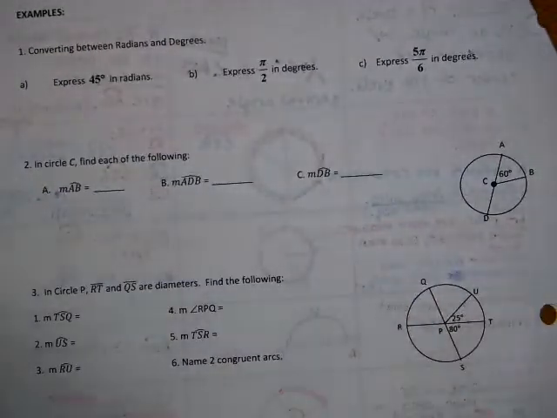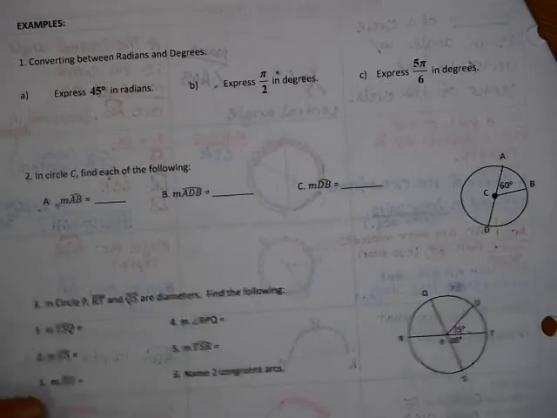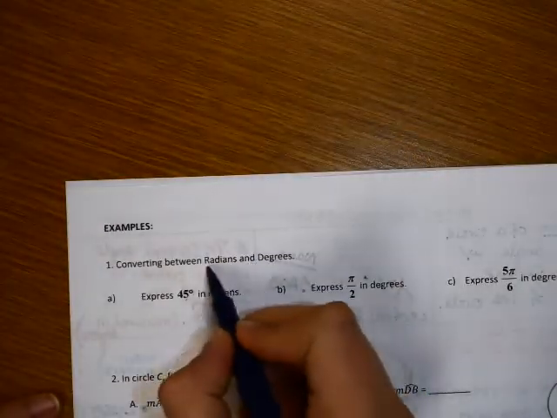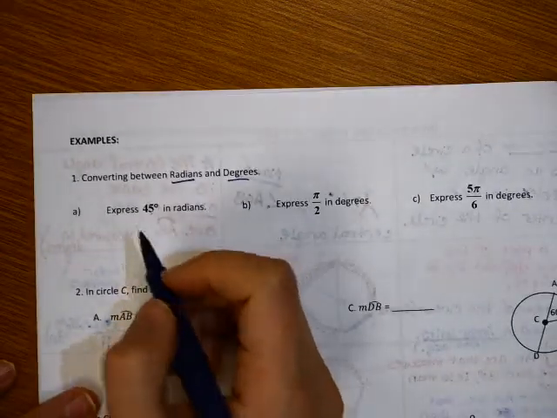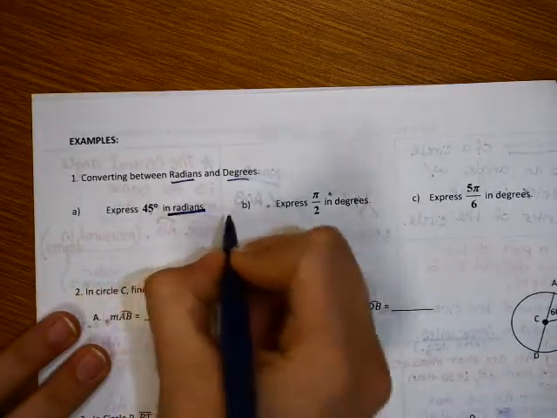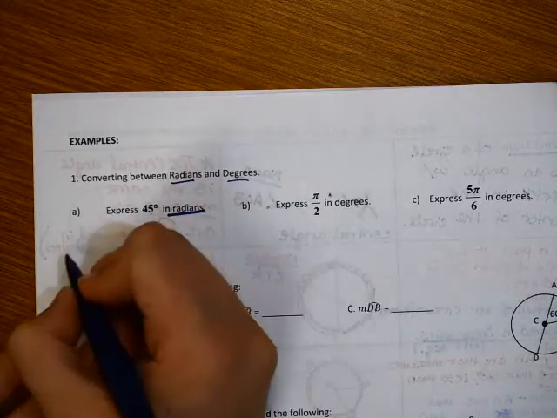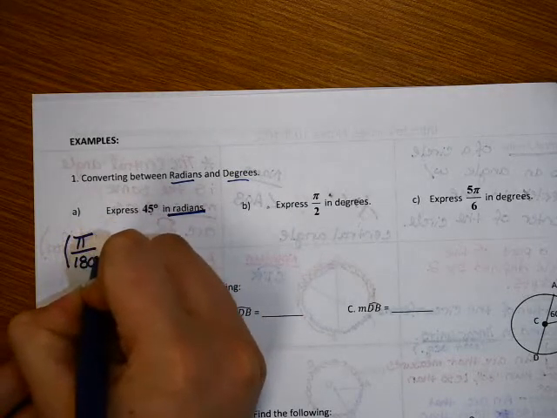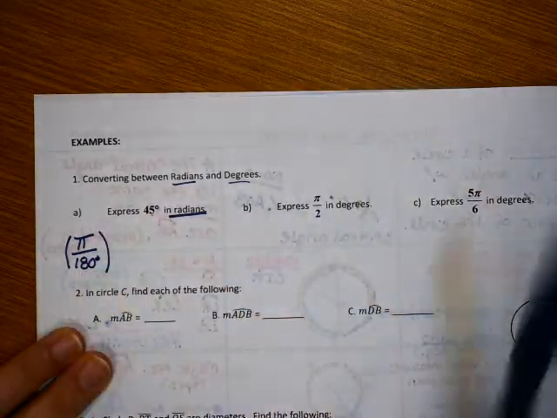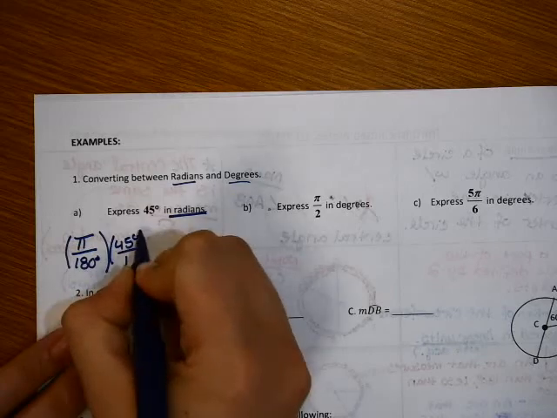So if you turn over to the page on the back, let's look at radians to degrees and degrees to radians. First it says express 45 degrees in radians. So I know I have 45 degrees and I want my answer in radians. That means I'm multiplying by pi over 180 degrees, and I'm going to multiply by 45 degrees over 1.